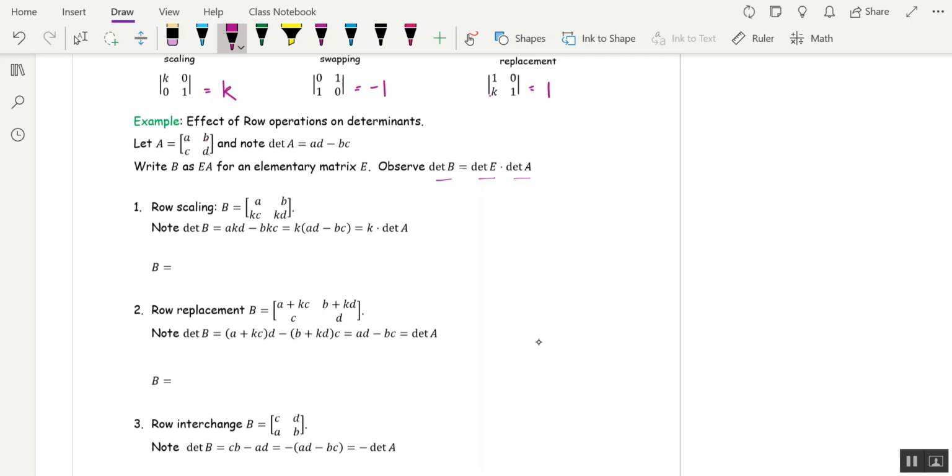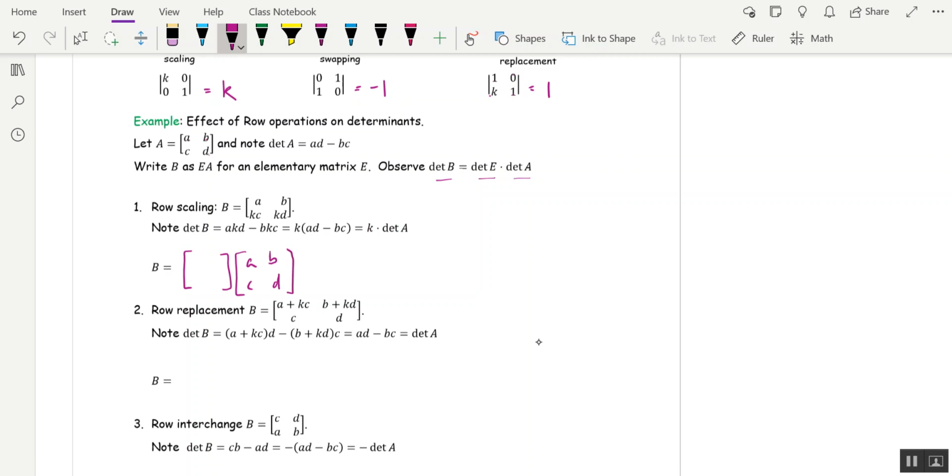So row scaling. If I scale matrix A, the second row, by k, I computed the determinant of that matrix, and I got k times the determinant of A. You can go through that computation on your own. Now, let's write B as an elementary matrix times A, B, C, D. What would that elementary matrix be?